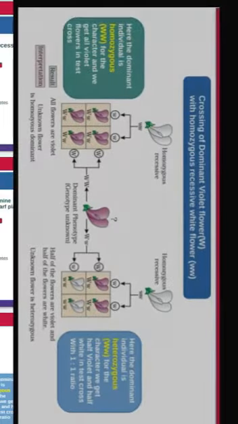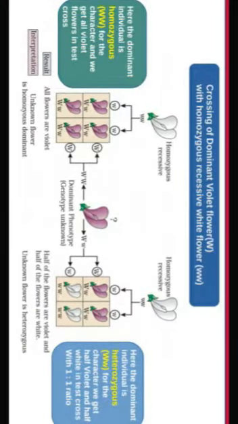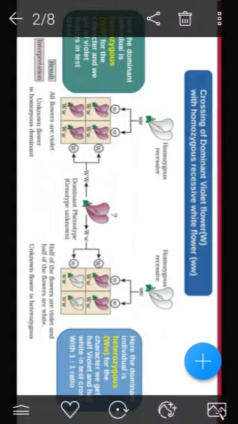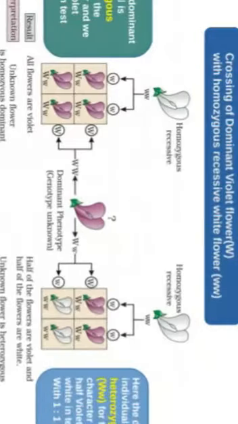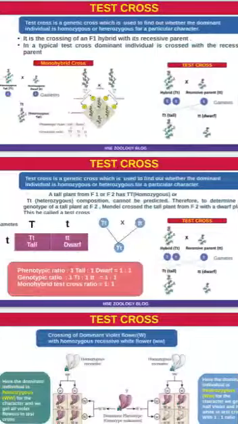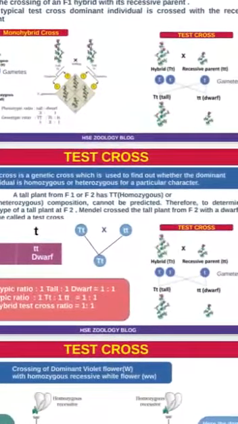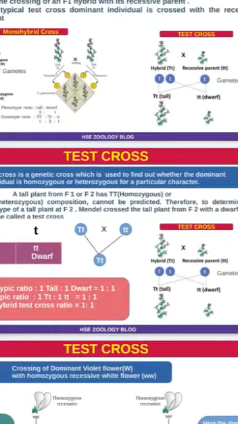Then one more cross is there. A test cross is actually a back cross. Back, B-A-C-K, back cross. A back cross means we are crossing the F1 hybrid with either of its parents, maybe the dominant or the recessive parent.